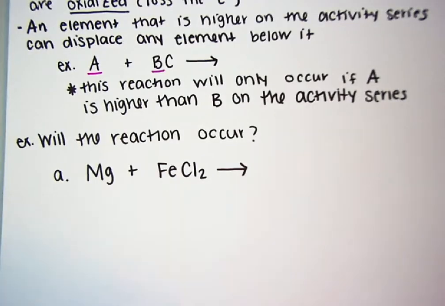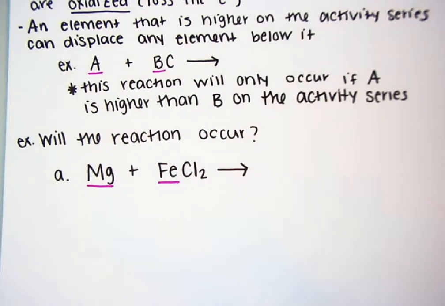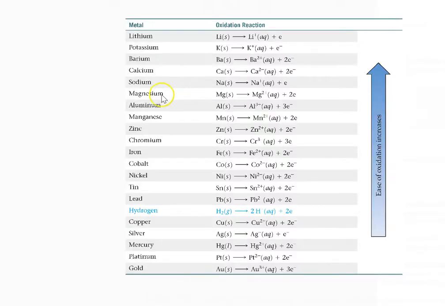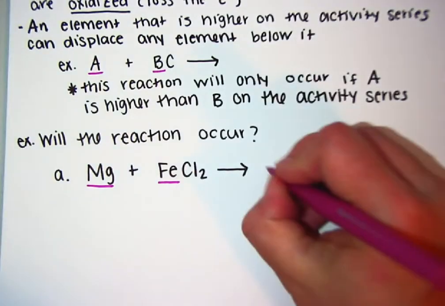So we're going to compare the two cations. Let's compare magnesium metal to iron. Magnesium is right here. Iron is below it. Magnesium can displace any element below it. Magnesium will displace iron. So yes.